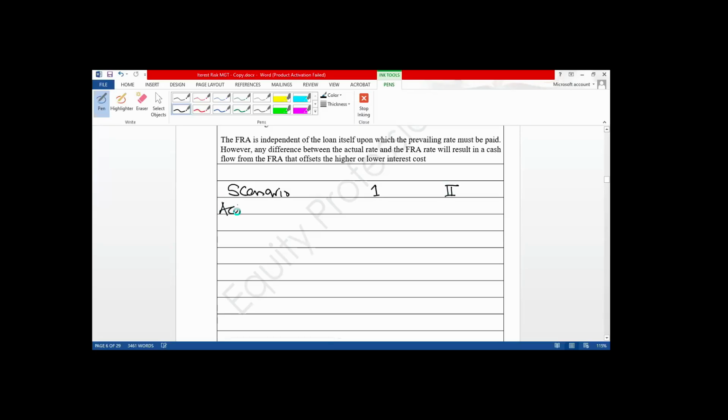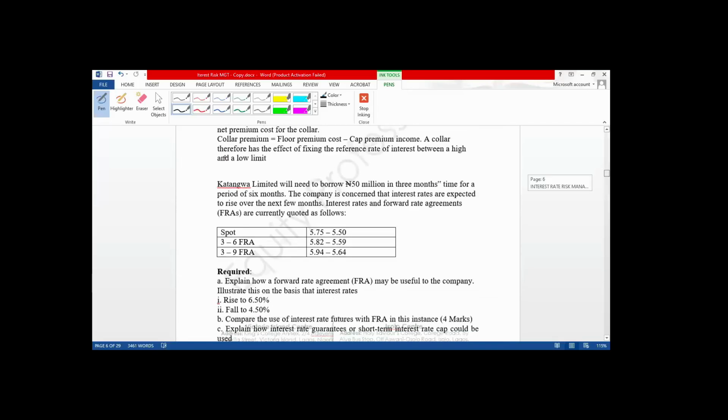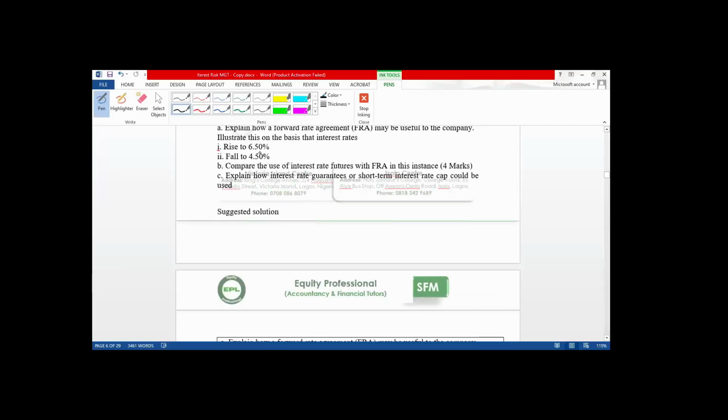Start with your actual borrowing rates. The examiner says interest rates rise to 6.5 or fall to 4.5.